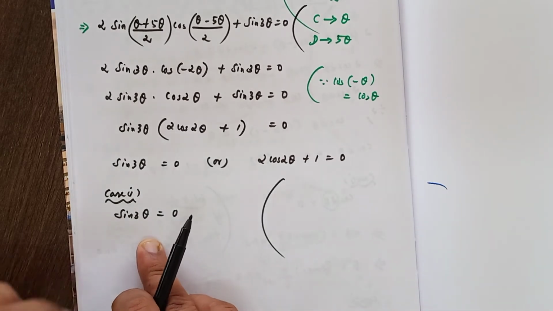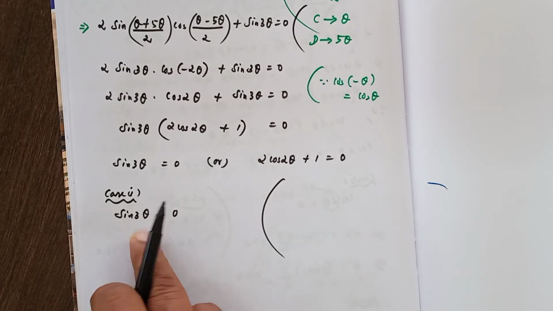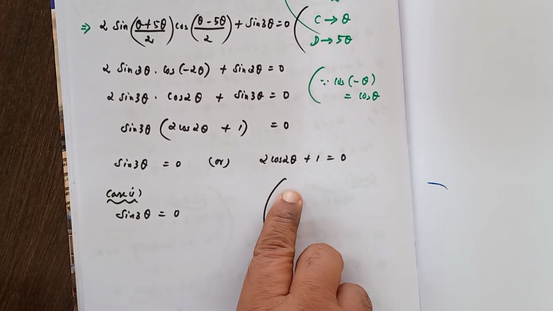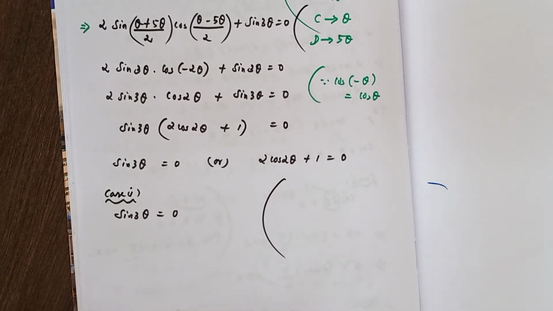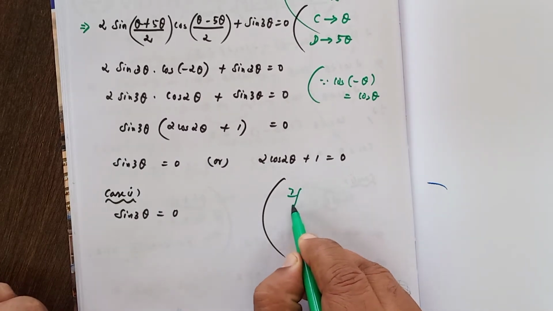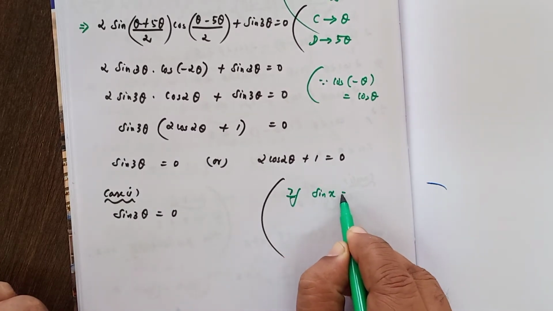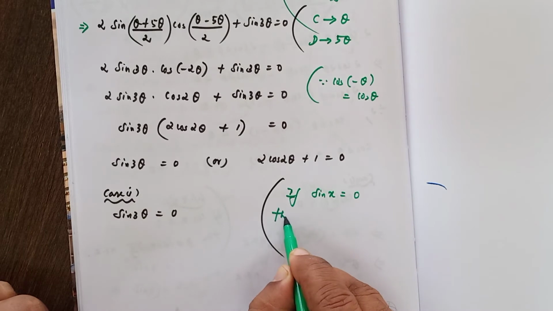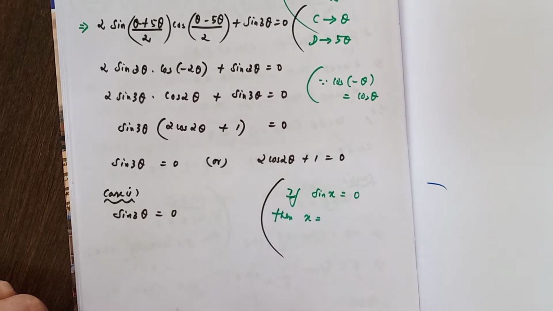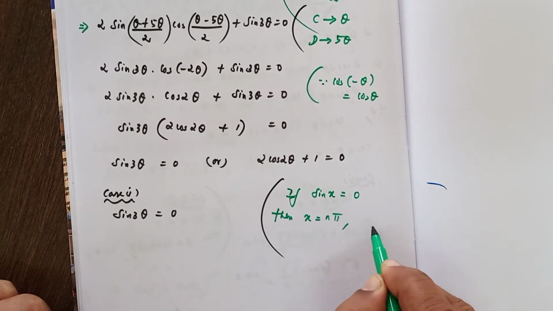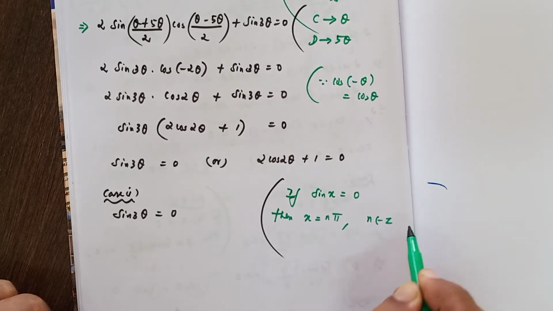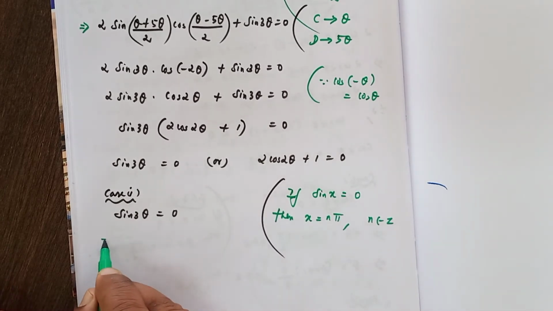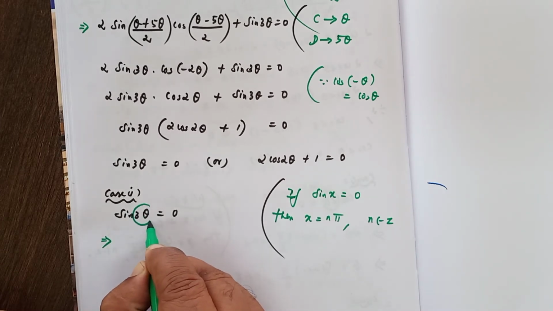This is of the form, already we have theta here, I consider sin x equal to 0. If sin x equals 0, then x equals n pi, where n belongs to integer.